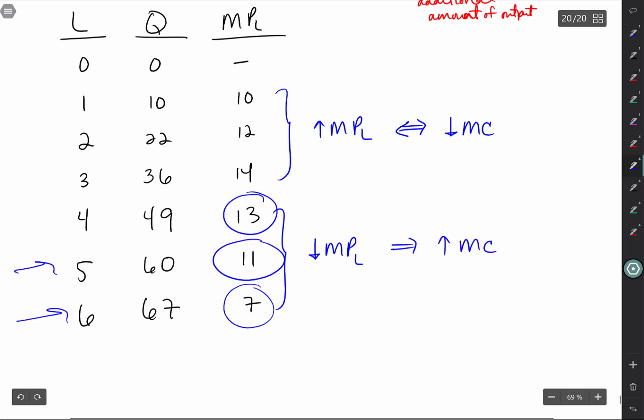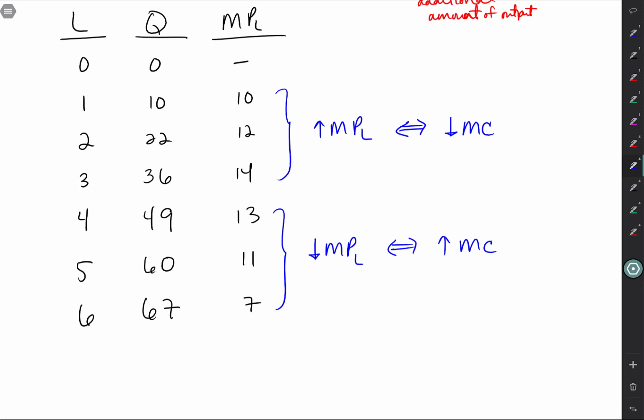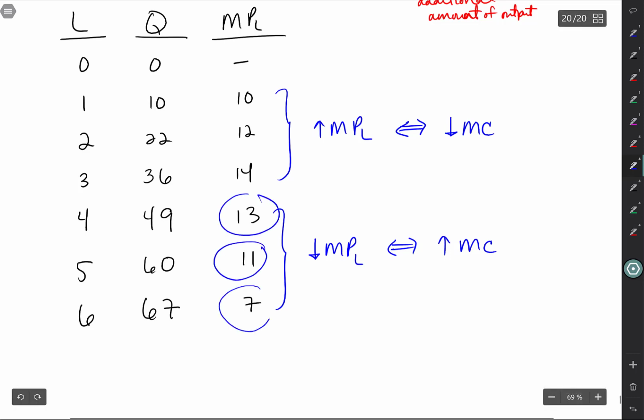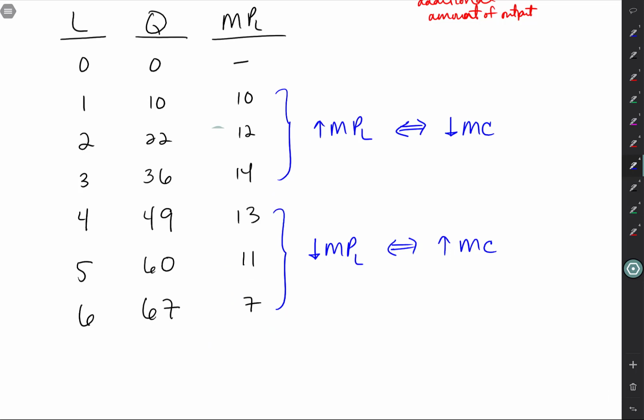So when diminishing returns have kicked in, in other words, marginal product is diminishing, then marginal cost is increasing. It's getting more and more expensive to produce at the margin. $10 for these, $10 for these, $10 for these. We only got 7 units here, versus over here we had 13 and 14 and 12, right? Okay, so there's always going to be an inverse relationship between marginal productivity and marginal cost.